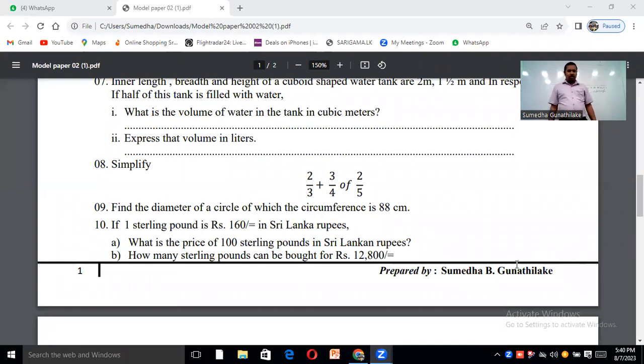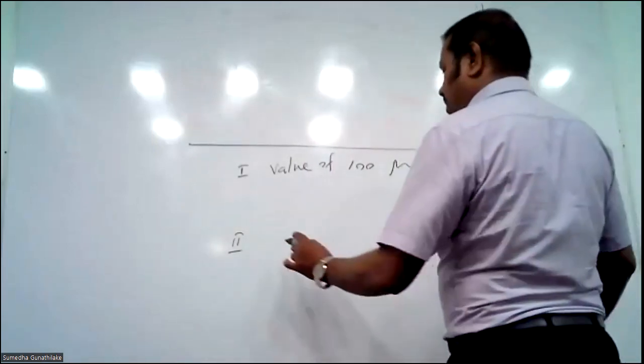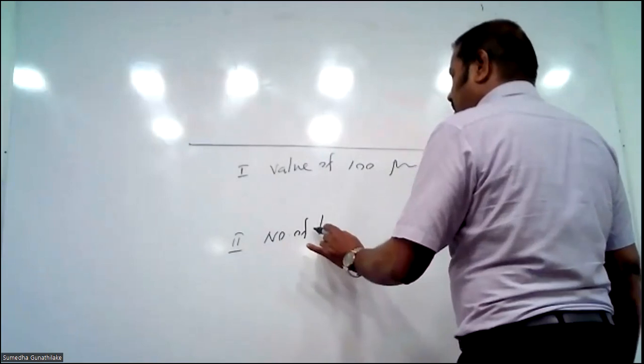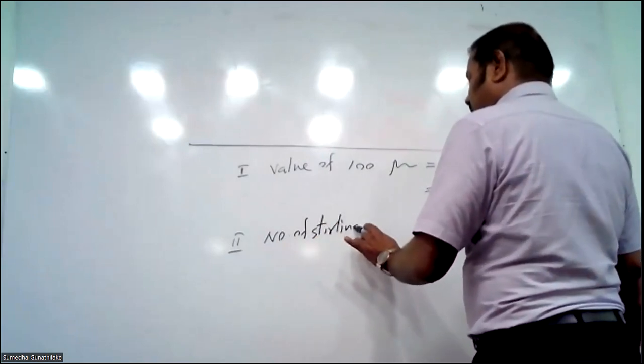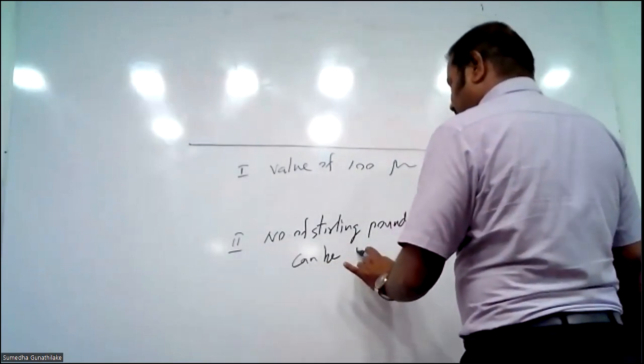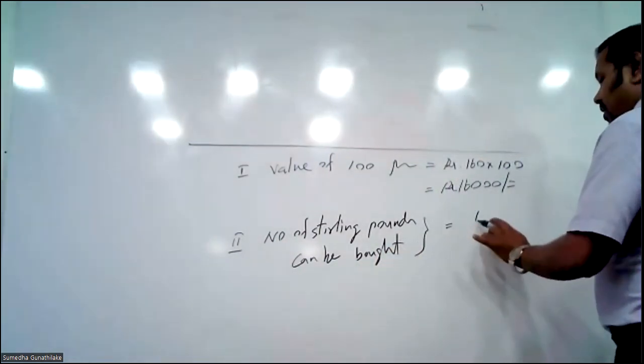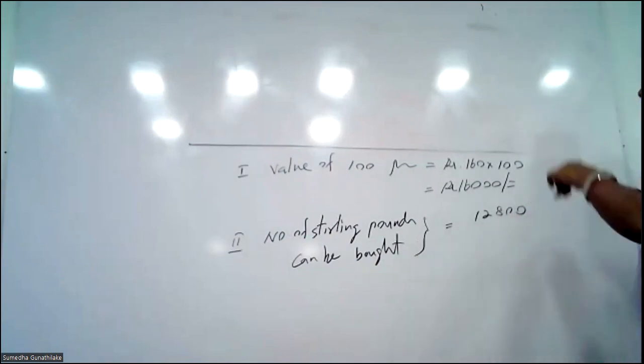How many sterling pounds can be bought for 12,800 rupees? 12,800 rupees.